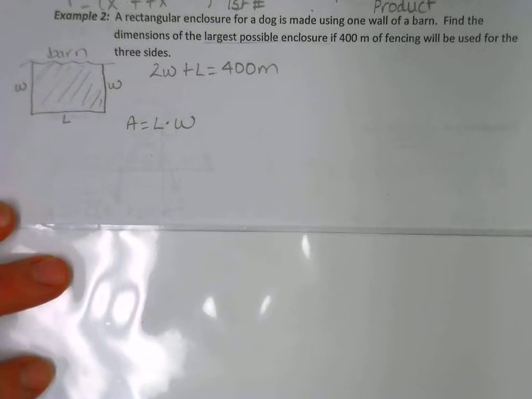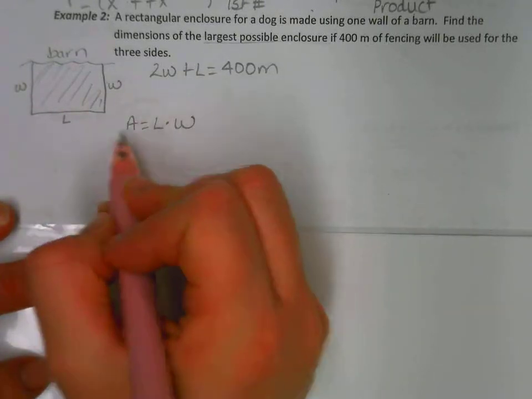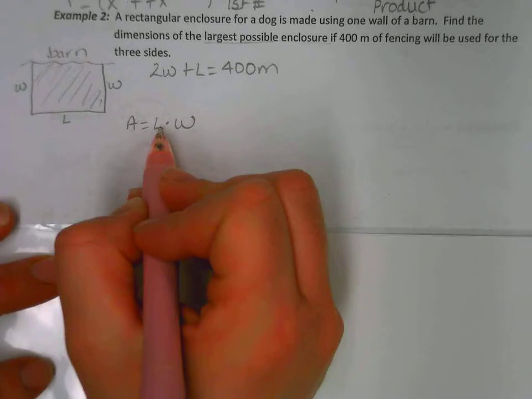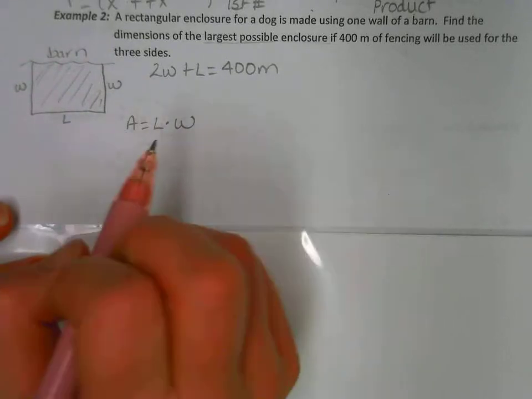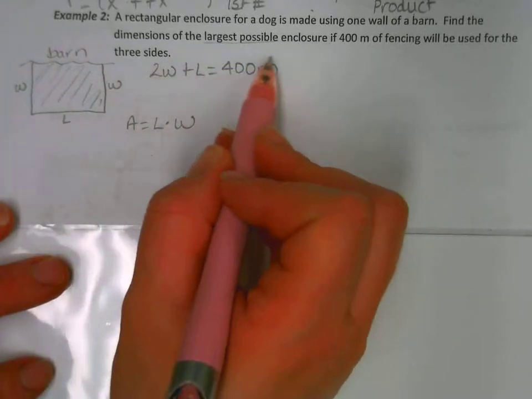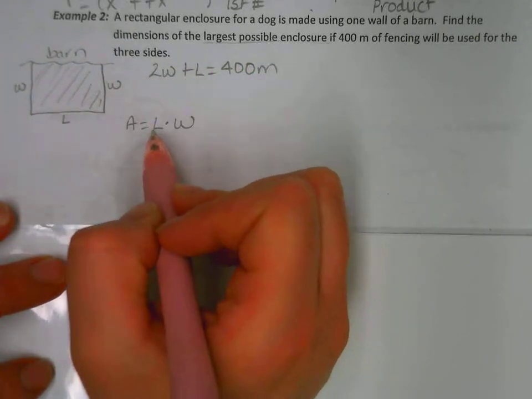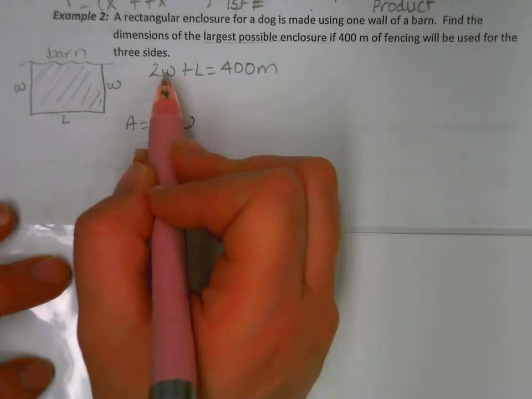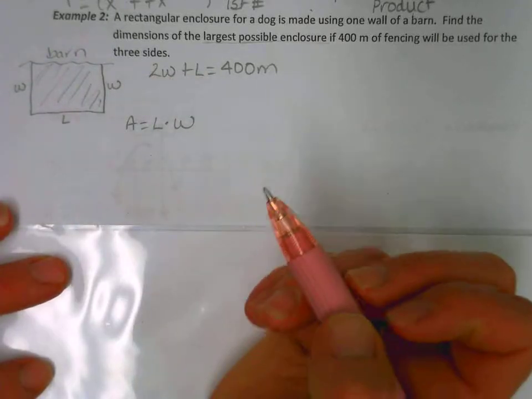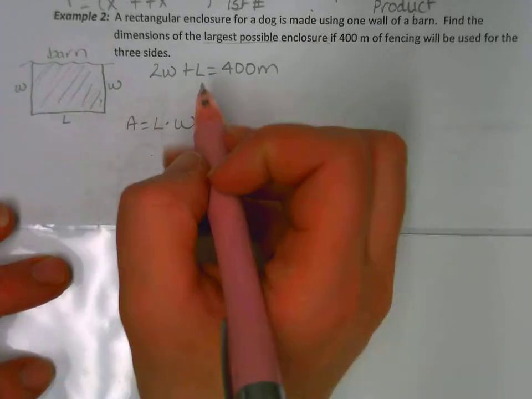We obviously can't maximize something with three different unknown values, so we want to work with the information that we know about fencing and talk about either length in terms of the width or width in terms of the length. It doesn't matter, but you want to pick one that's a little bit easier.